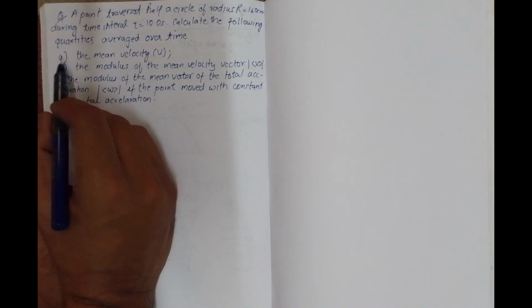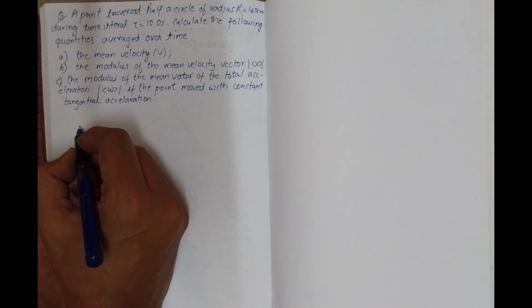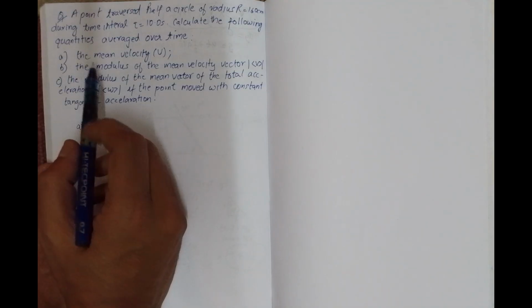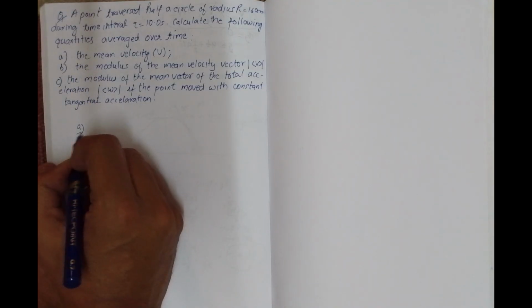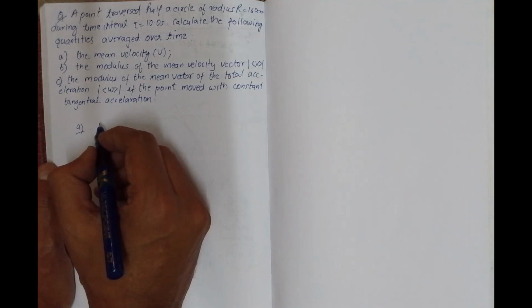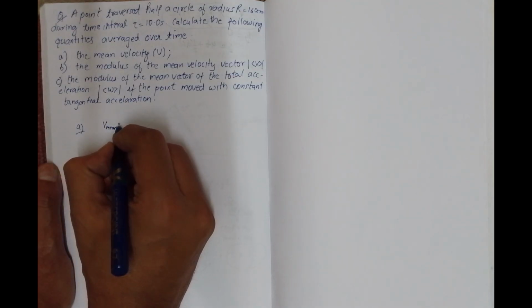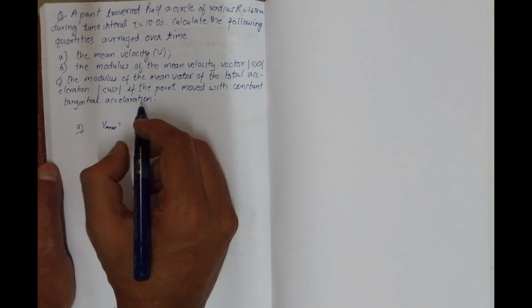Now let's come to the first part, A. What it basically says is the mean velocity. So the mean velocity we know will be equal to total distance traveled by time taken.